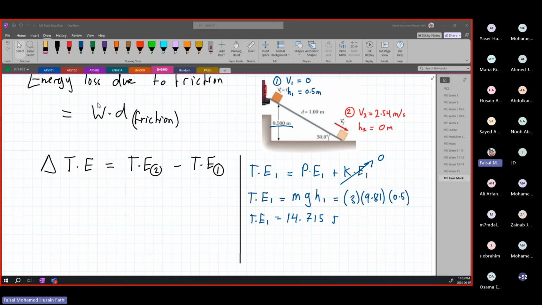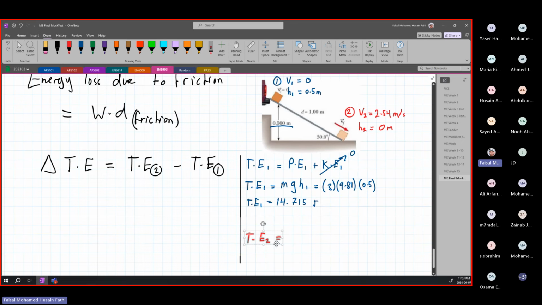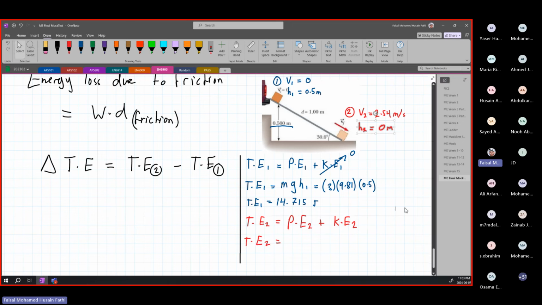What about point 2? Total energy 2 is equal to the potential energy at 2 plus the kinetic energy at 2. What is the potential energy at 2? It is 0 because the height is 0.